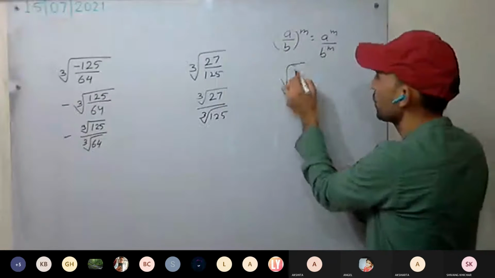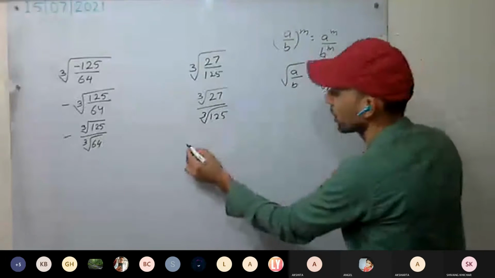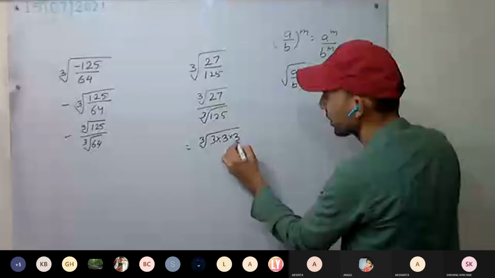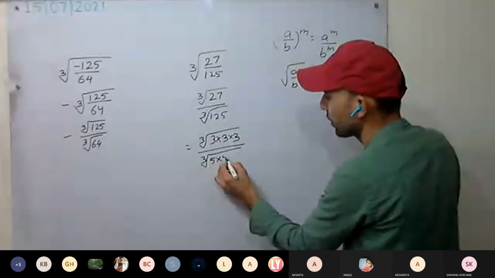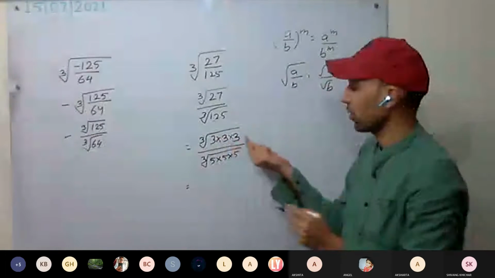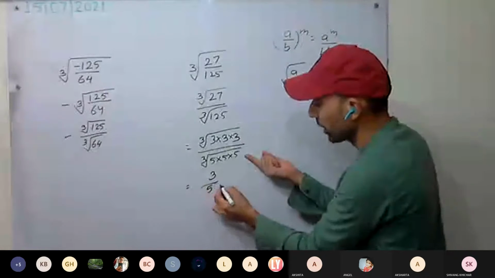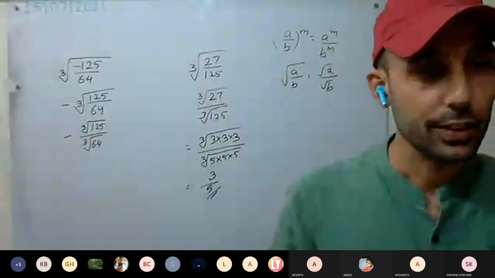If it is a whole root, we have root of a divided by root of b. Cube root of 27: factorize it into 3 into 3 into 3, and 125 into 5 into 5 into 5. From each triplet we take one out. From the numerator 3, from the denominator 5. 3 upon 5. Have you understood it now?